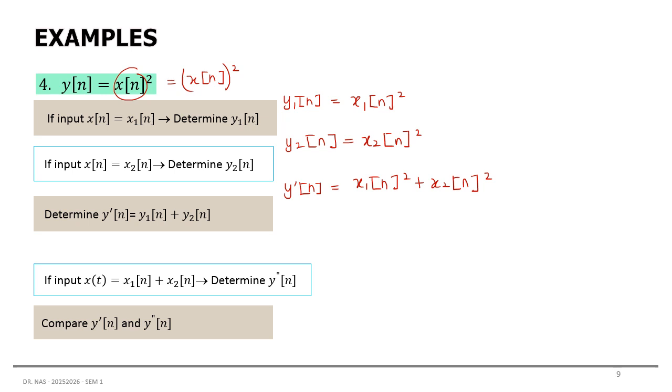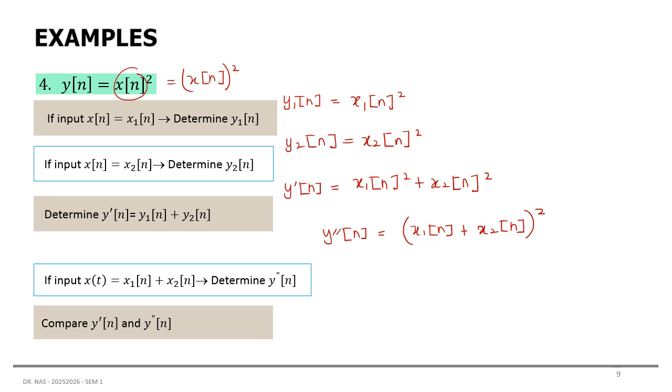Next, determine y double prime[n]. In this case, x1 plus x2. So y double prime[n] equals x1[n] plus x2[n], so this is your x[n], and then being squared.